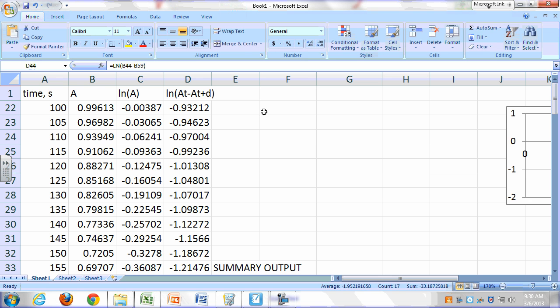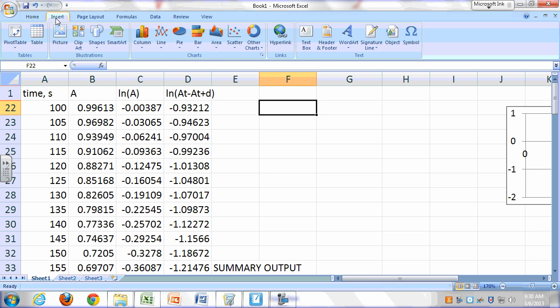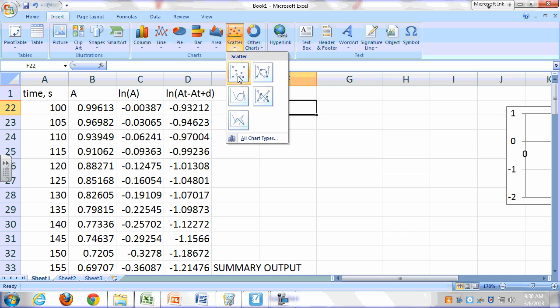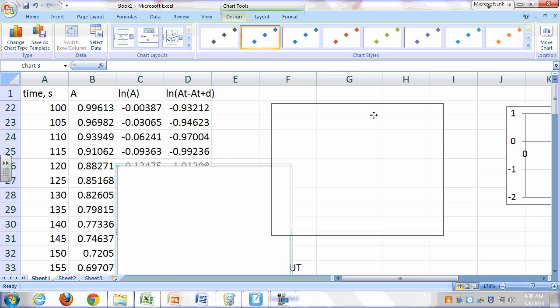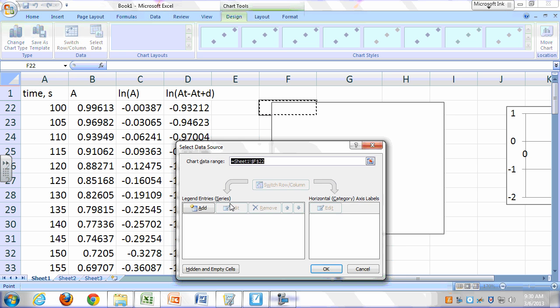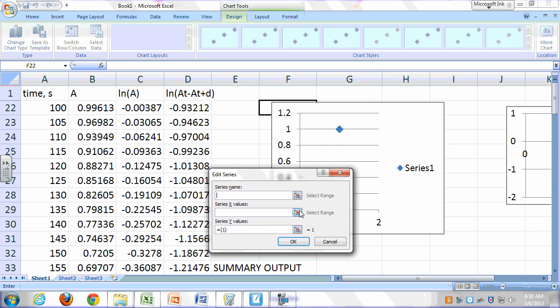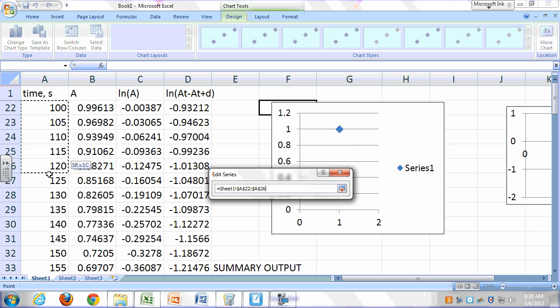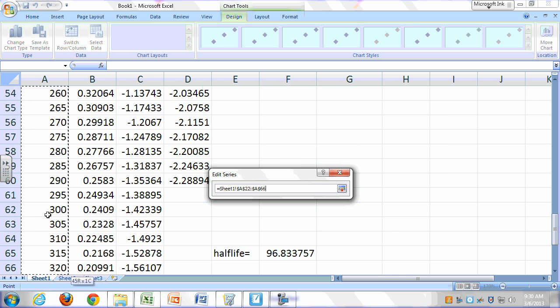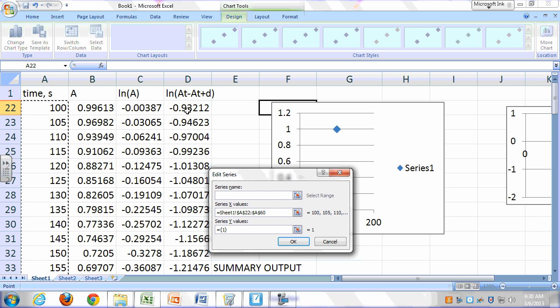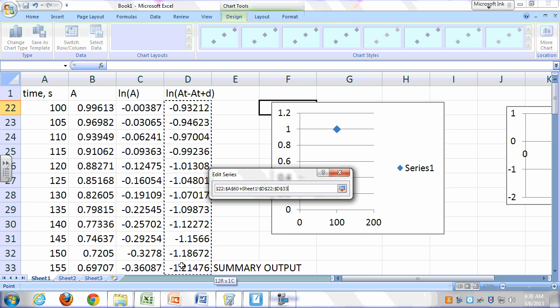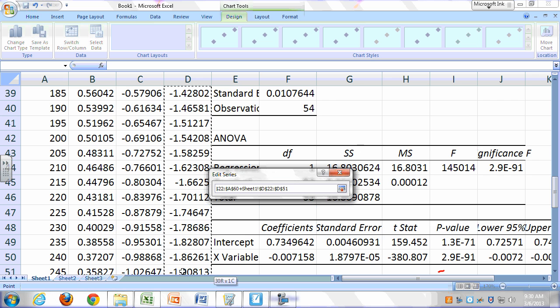So what do I do? Insert, oh, it's almost time. Okay, insert, scatter plot. And what's going to be my data here? My x values would be time, going from 100 seconds all the way to 290 seconds. And my ln of A at time t minus A at time t plus delta is my y.